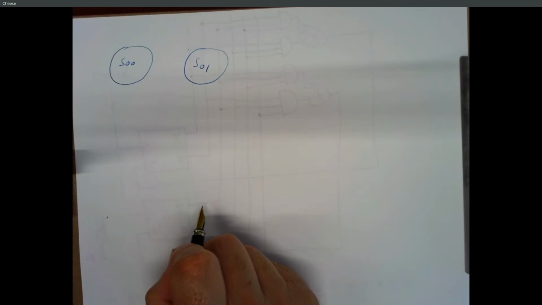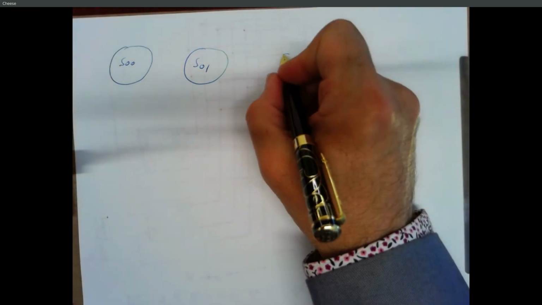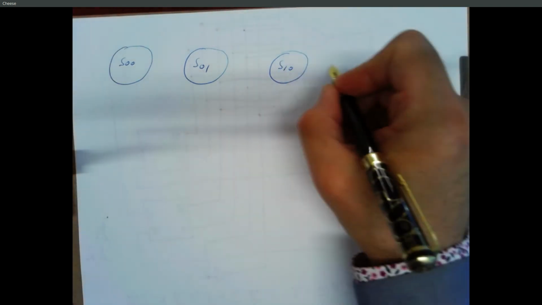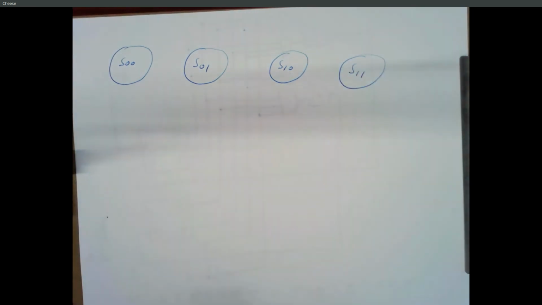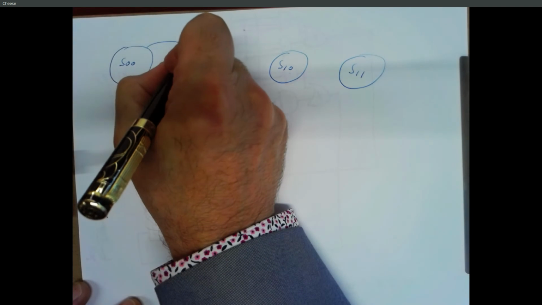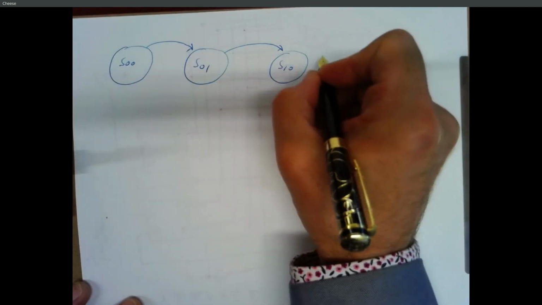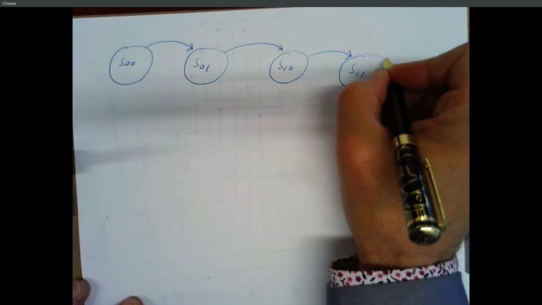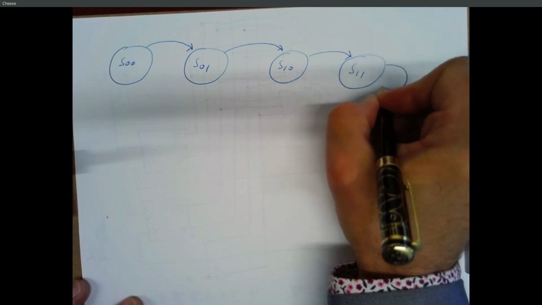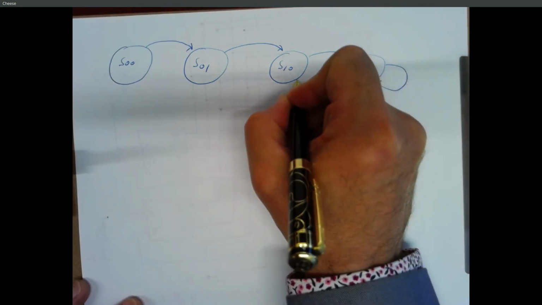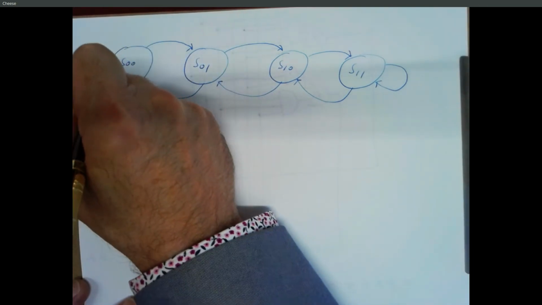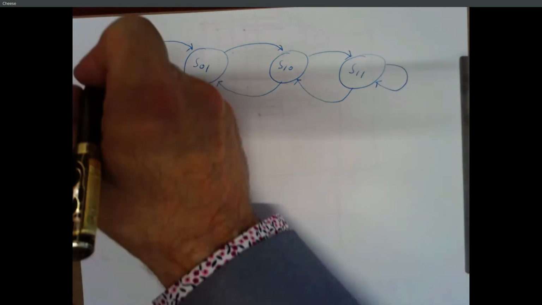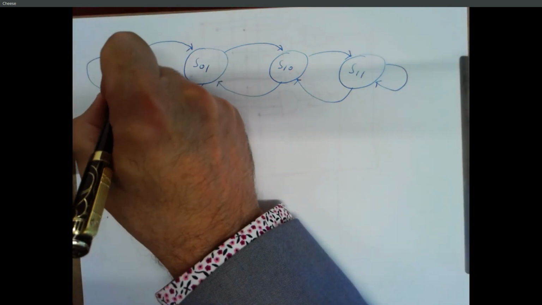State 00, state 01, state 10, state 11. And let's make this a Moore machine.